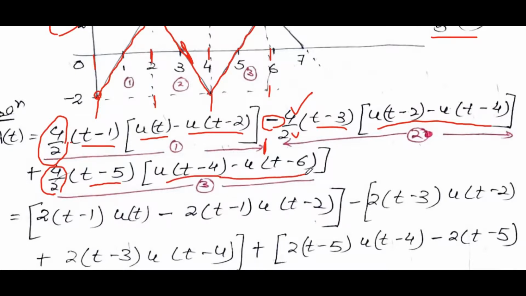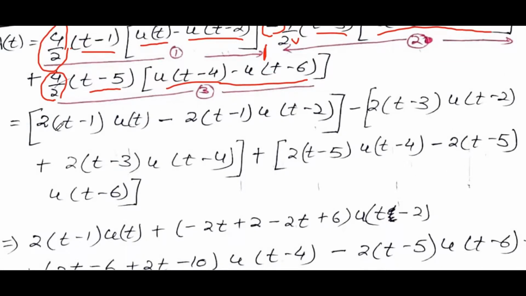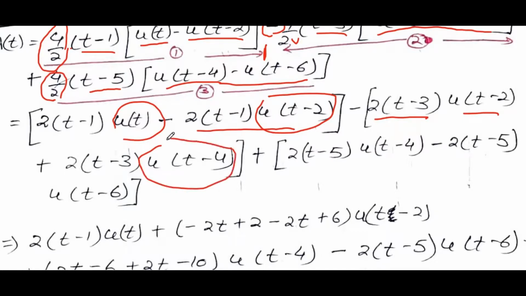Now let us simplify this expression. It will give me 2 t minus 1 u of t, minus 2 t minus 1 u of t minus 2. Okay, and 2 t minus 3 u of t minus 3. I have taken all the u of t terms separate, u of t minus 2 terms separate, u of t minus 4 terms separate, and u of t minus 6 terms separate.